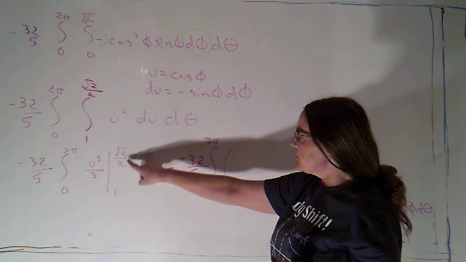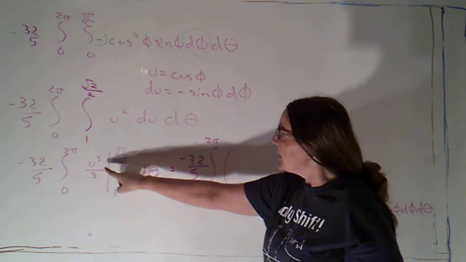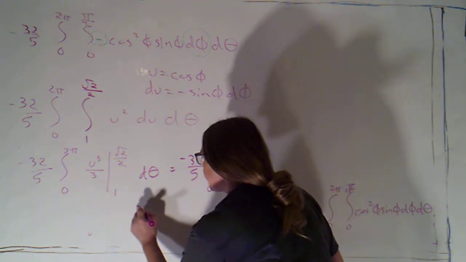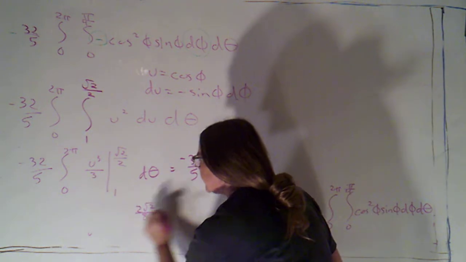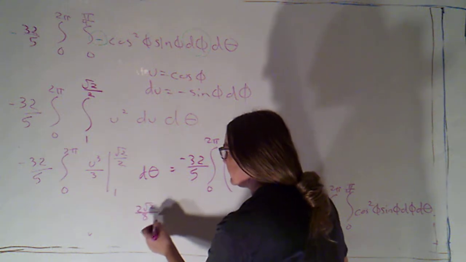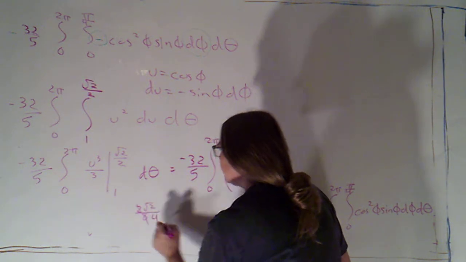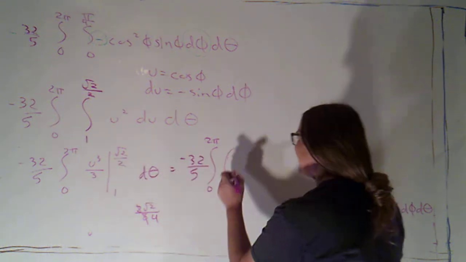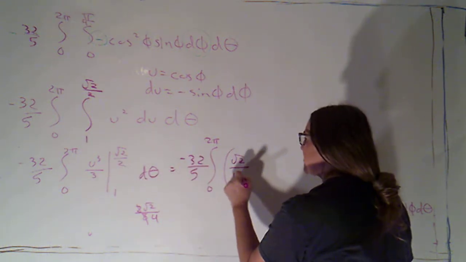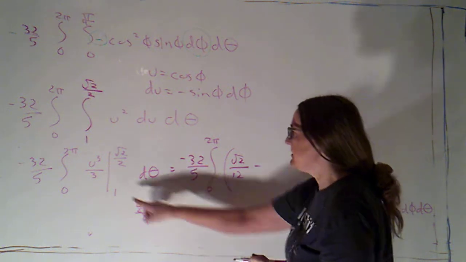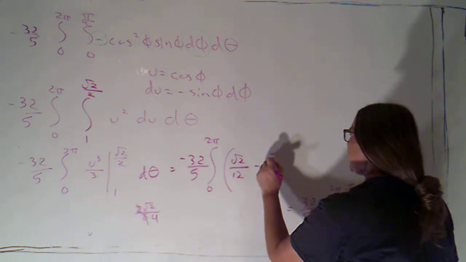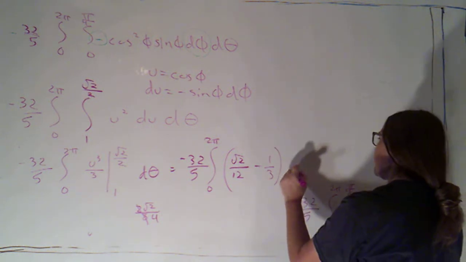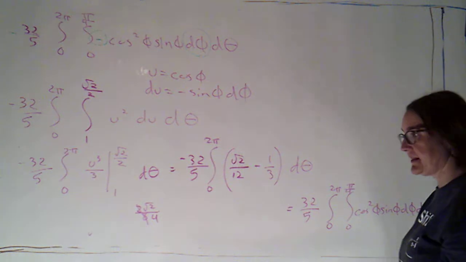When I plug in root 2 over 2, root 2 cubed is just 2 root 2, over 2 cubed is 8, and of course I can cancel, so that's going to give me root 2 over 4. All of that's still over 3, so that becomes root 2 over 12, minus, when I plug in 1, I get just 1/3.